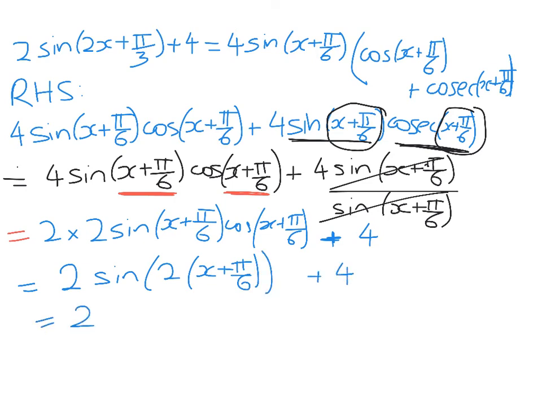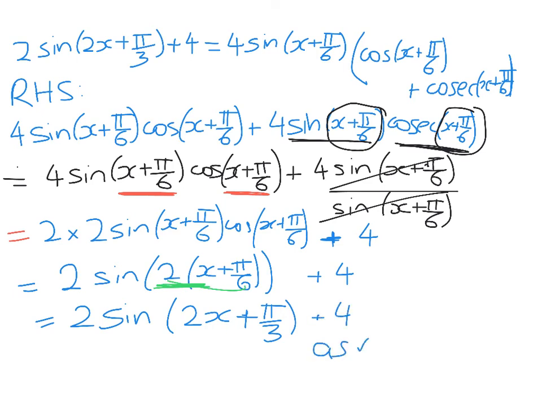Right, should be starting to get that happy trig proof feeling in my tummy. There we go, 2 sine 2x plus pi on 3. I'm just expanding out those brackets. Plus 4 as required. So we're done.